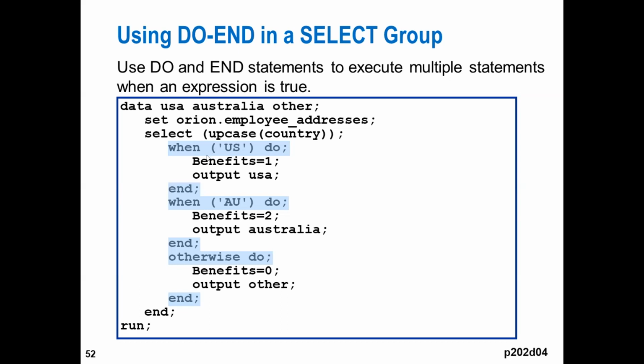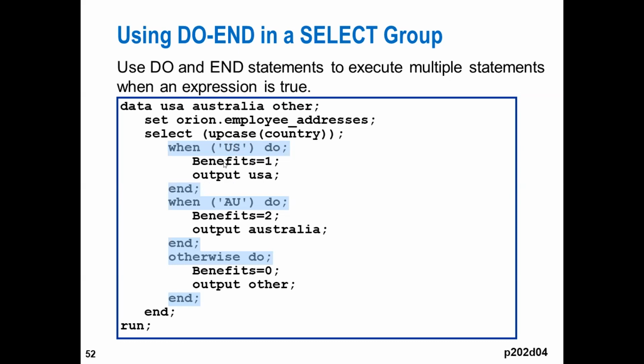Same, like if I am giving an example: if country is USA, then do benefit equal to 1, output this. So these are independent statements which are executed for a single condition. Hence, they have to be processed in do-end statements.